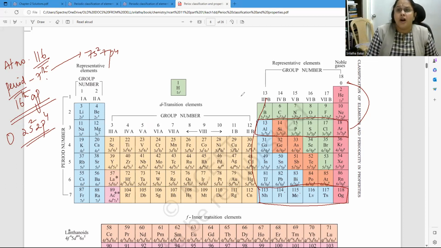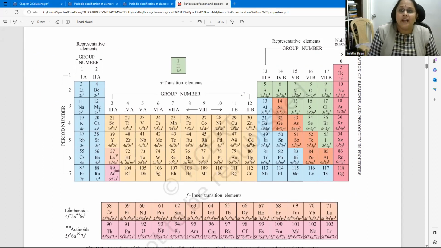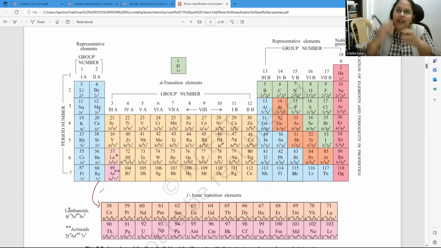Are you clear with this? Now we have something else. You have the basic periodic table here, and I've told you about everything. But you can see there are two separate series just below. We call them the lanthanoid and actinoid series. Lanthanoids are the elements following lanthanum.